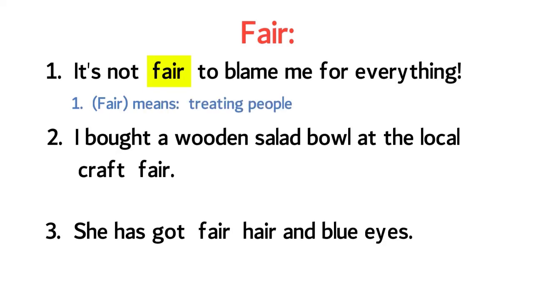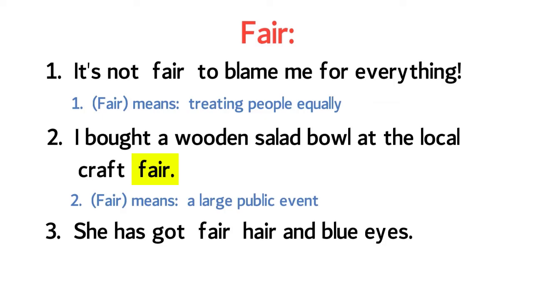In the first sentence, fair means treating people equally and in a way that is right and reasonable. It isn't fair to them. It's not fair to students. In the second example, it means a large public event where goods are bought and sold. Or you're going to set up a booth at the local craft fair during the holidays.